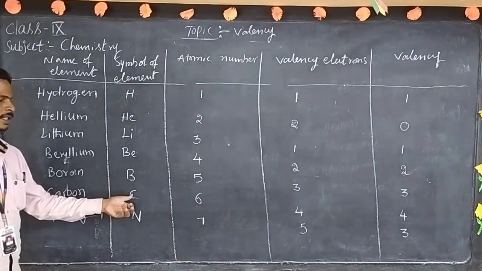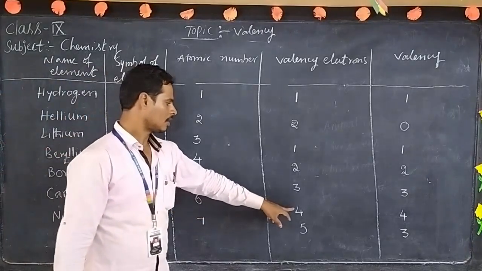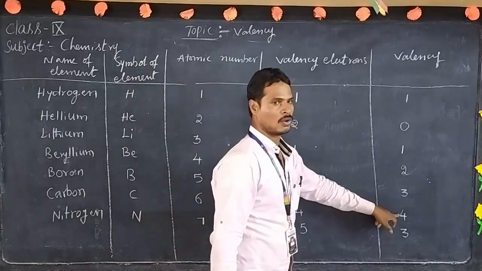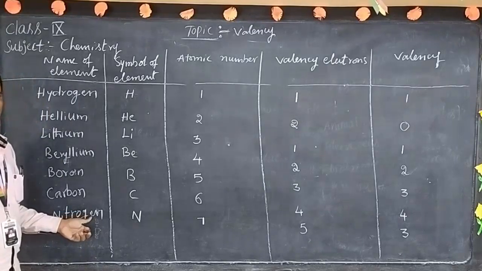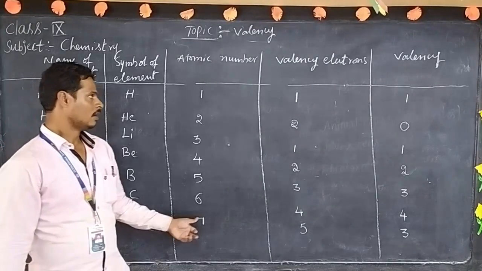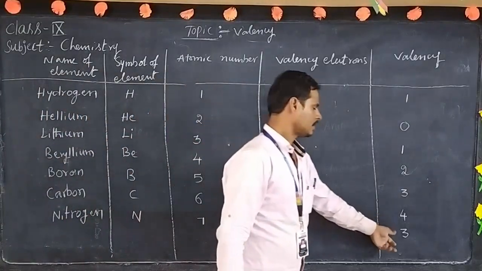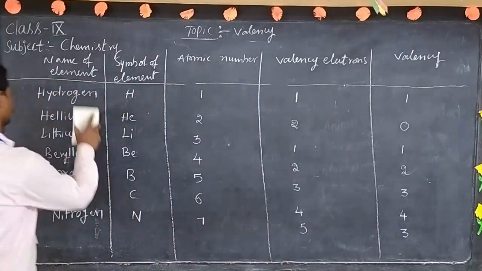Symbol of carbon is C. Atomic number 6. Valence electrons 4. Valency of carbon is 4. Next, nitrogen. Symbol N. Atomic number 7. Valence electrons 5. Valency of nitrogen 3. Next, remaining elements we can observe.